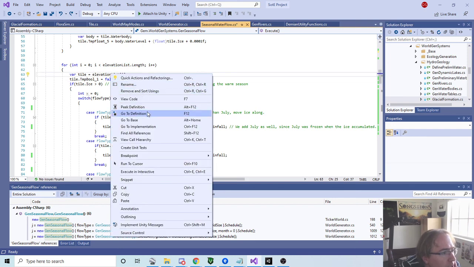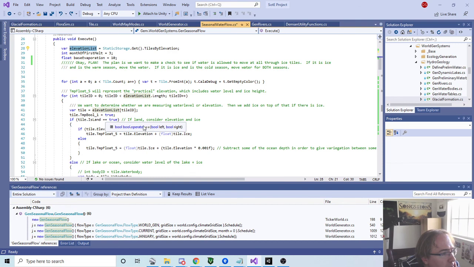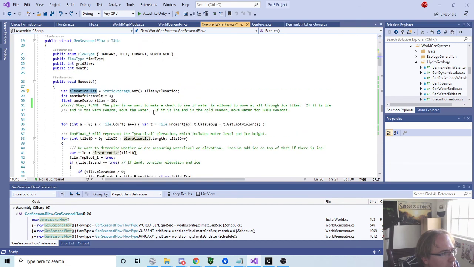Where were you defined? Static storage. That's not the definition. Where's the definition?